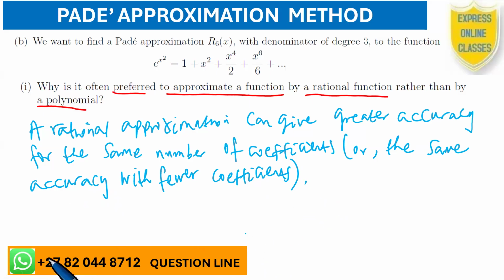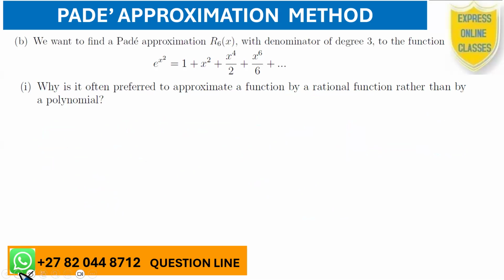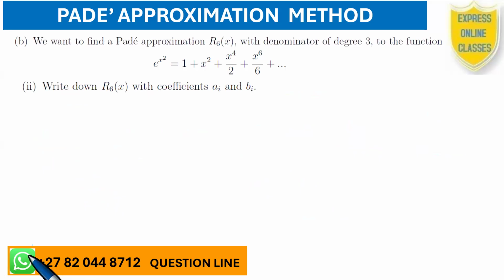Okay, so here we proceed. B2. Write down R6 of x with coefficients ai, bi. So we need to write down R6.